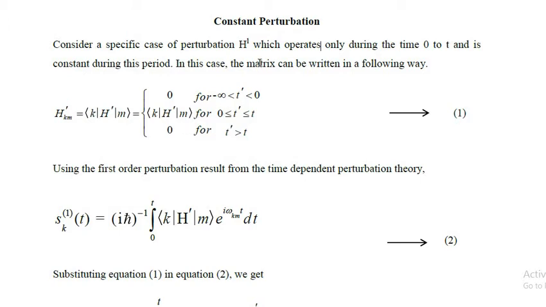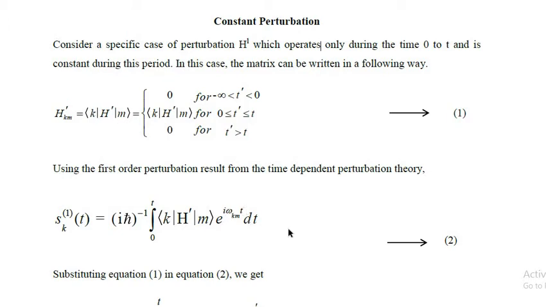So to derive the constant perturbation, we are going to use the first order perturbation result from the time dependent perturbation theory, that is S_k^(1)(t) is equal to (i h cross)^-1 integral 0 to t the matrix form e power i omega_km t dt.